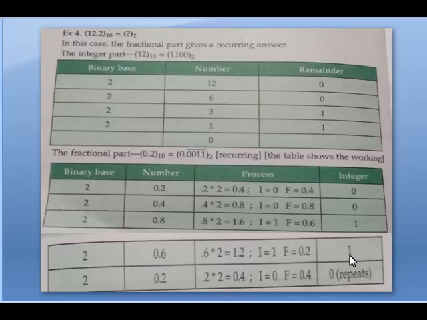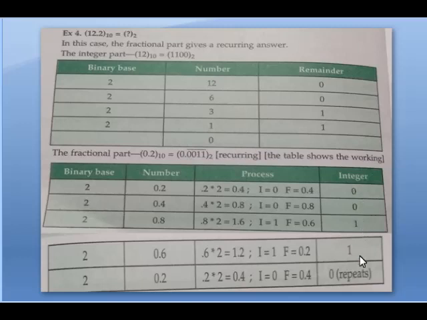Okay, the digits are repeating again and again. So if the digits are repeating again and again, we have to stop it here and we will write like this. 0.2 means 0. See, 0, 1, 1, 1. The next number is repeating again. So what we have to do is we have to put a line like this.